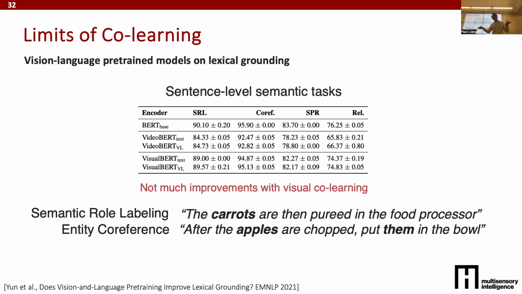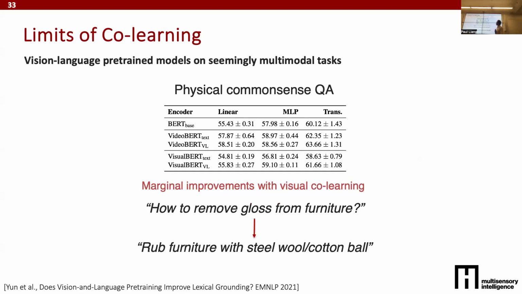And you might think, these are NLP, you don't need vision and video. But then they also show some examples of tasks like commonsense question answering, commonsense reasoning, where it might seem that vision is very important, right? I think this dataset includes tasks like, if I give you a question, how should you remove gloss from furniture, and the answer is that you could rub it with steel wool or a cotton ball.